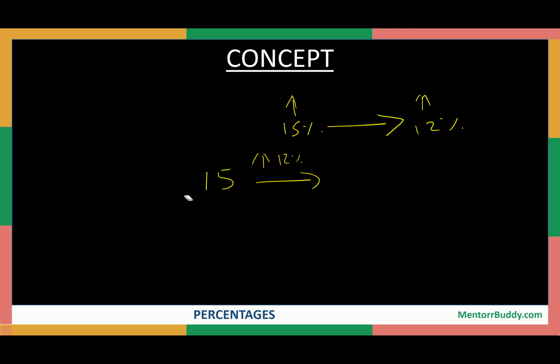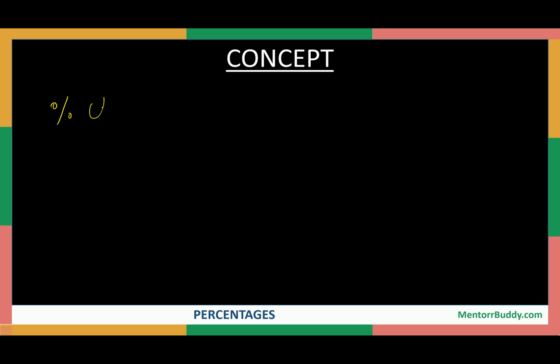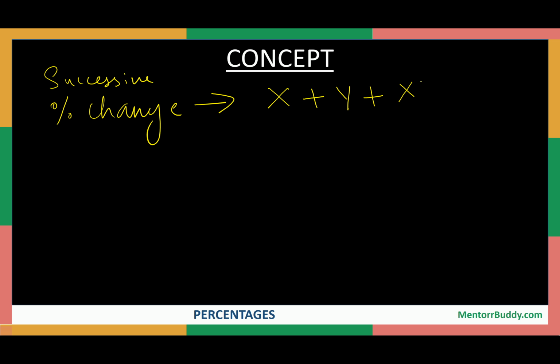What that shortcut says is that whenever there is an increase or a decrease of any percentages, you just have to apply it. That is successive percentage change. The formula gives x plus y plus xy upon 100.